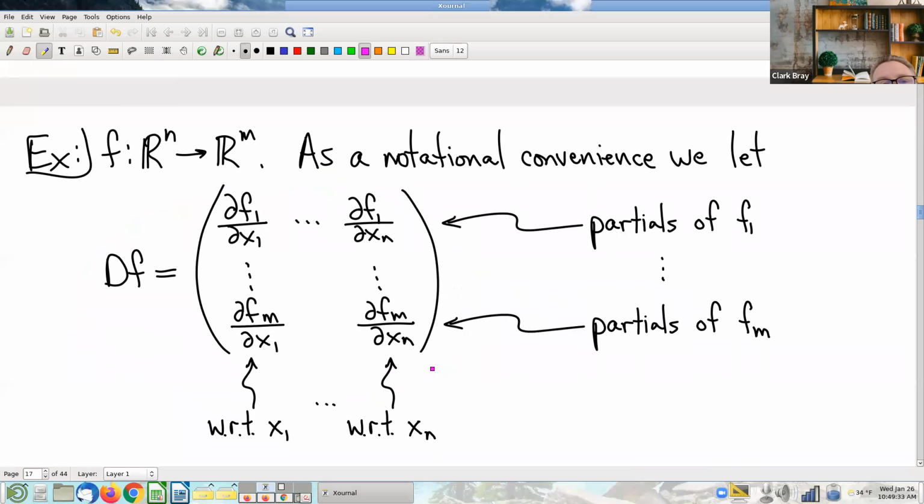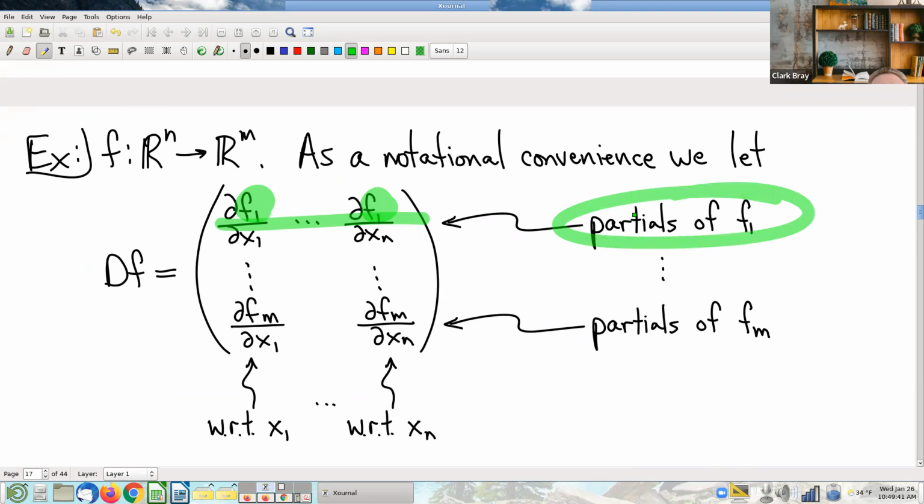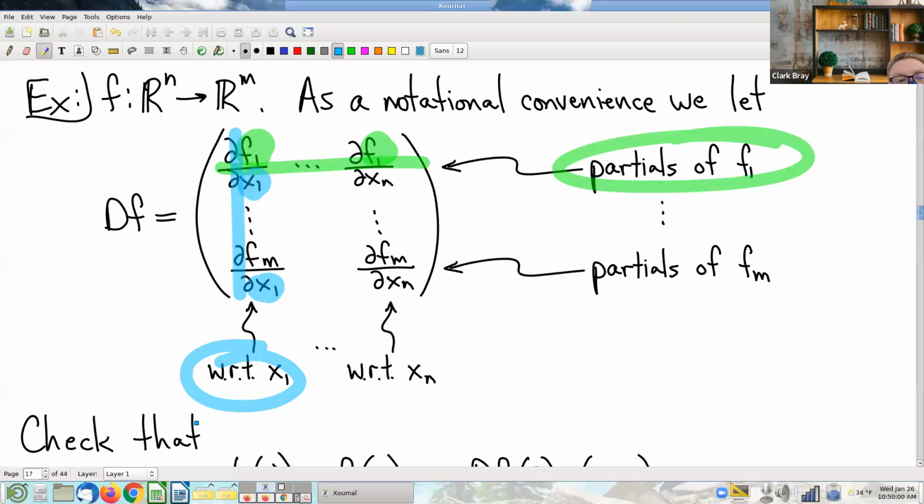The rows represent, each row, I'll say, represents one of the output components that you're taking a partial derivative of. Each column represents an input variable that you're taking a partial with respect to. So that's the organizing principle here.